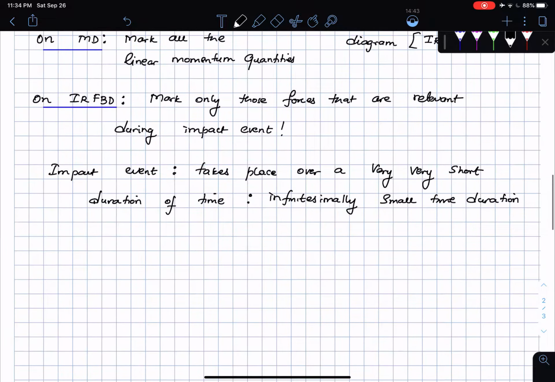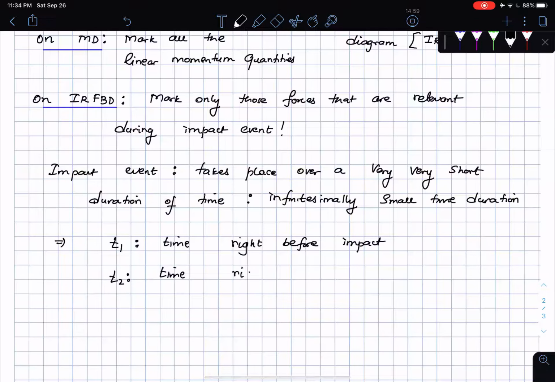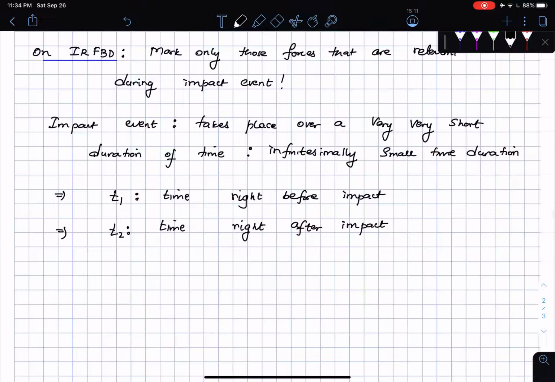So what this means is that if I say t1 is the time right before impact, and t2 is the time right after impact, then the time interval t2 minus t1 is approximately 0.